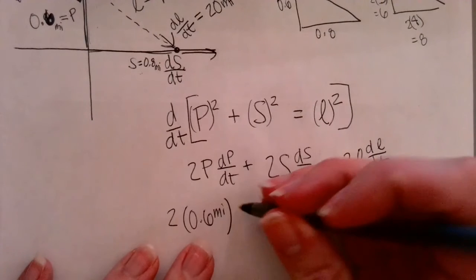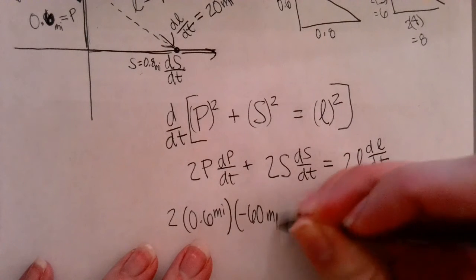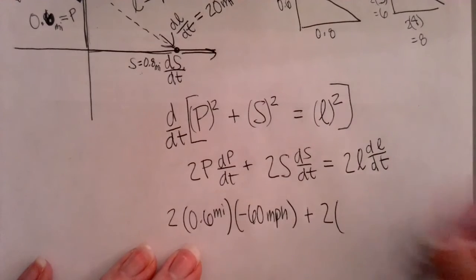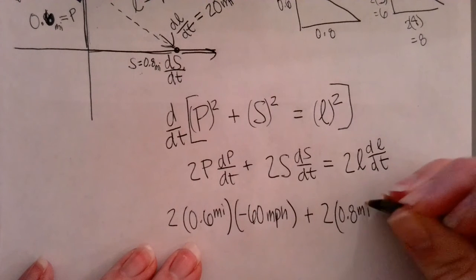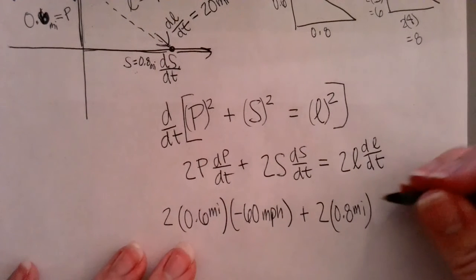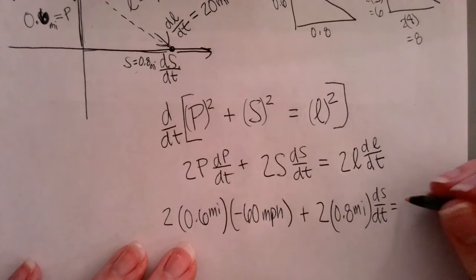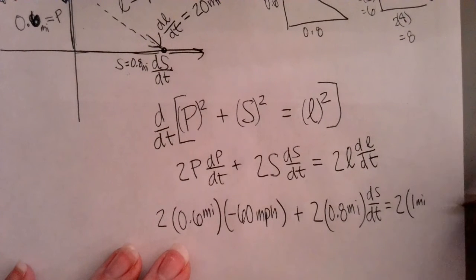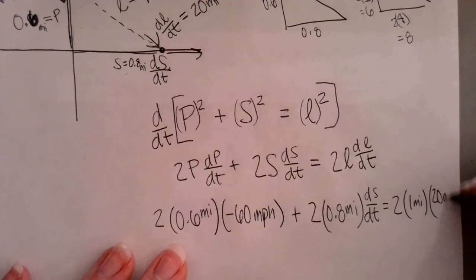So 2 times p, which is 0.6, times dp dt, which is negative 60 miles per hour, plus 2 times, I know s, that's 0.8 miles, ds dt, I'm solving for that, equals 2 times L, which we solved was 1 mile, times dL dt, which is the 20 miles per hour.